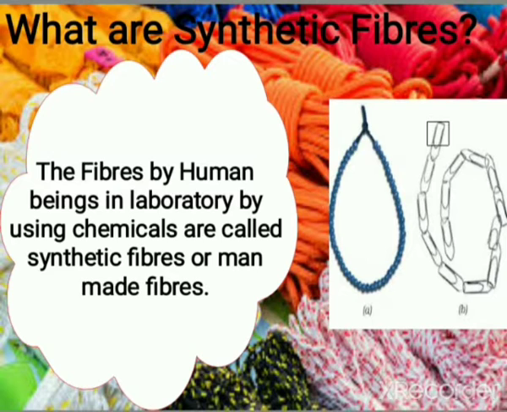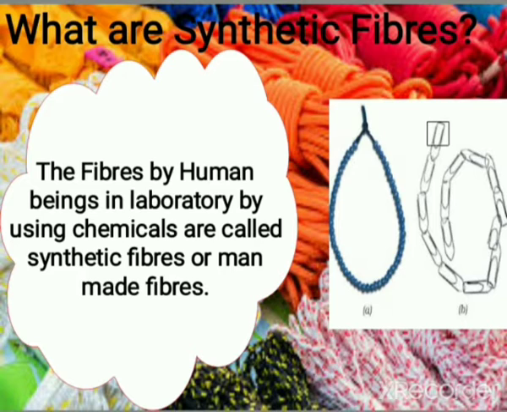The fibers which are not naturally made but are made in laboratory by using chemicals are called synthetic fibers or man-made fibers or artificial fibers, which means it is not naturally made, we have to create them.